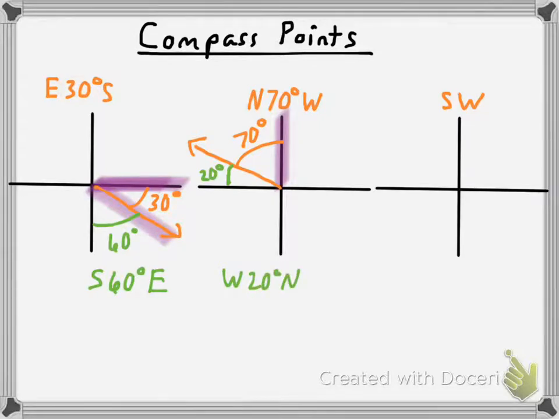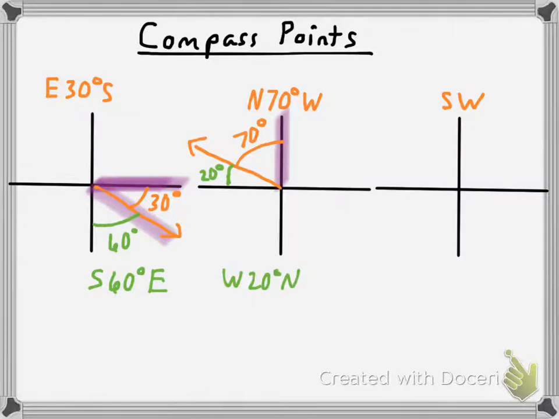Now sometimes you'll just simply see two directions like northeast, northwest, southeast, or southwest, and no angle between them. And whenever you're given just southwest or just southeast, what is implied is that you're going exactly in the middle of those two directions. Or in other words, there's a 45-degree angle involved.